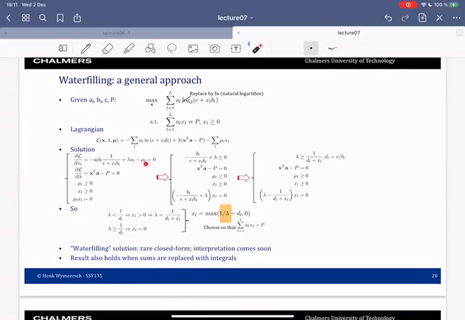I can then solve for mu, plug it into the last equation, plug it in also in this equation. This gives me these additional conditions. In the end, there are two cases, either XL is equal to 0 or lambda is equal to this. This gives me the final expression of XL, where this 1 over lambda is to make sure that we meet the total power constraint. So we choose this 1 over lambda to make sure that A transpose X is equal to P.